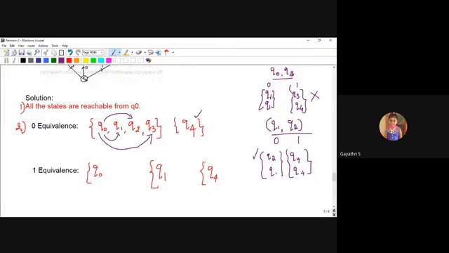So I can combine Q2 with Q1. I will write Q1, Q2. Is it clear?